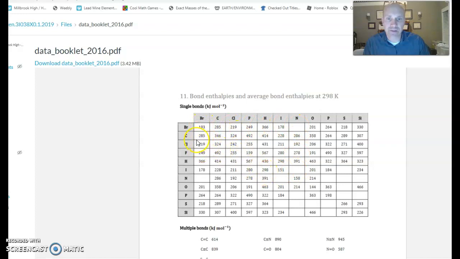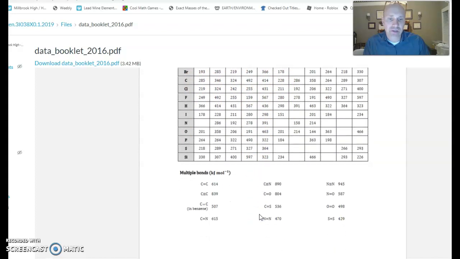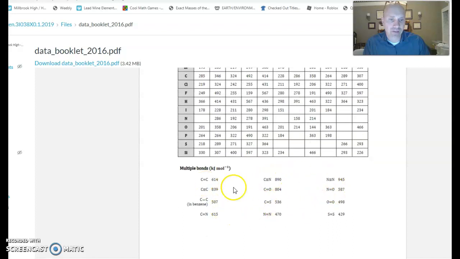For example, if we needed to know a carbon-iodine bond, you just follow the chart across, and that means that it would take 228 kilojoules per mole to break that bond. If we have multiple bonds, we can find those values down here. For example, an oxygen double bond would be 498 kilojoules required to break that bond.